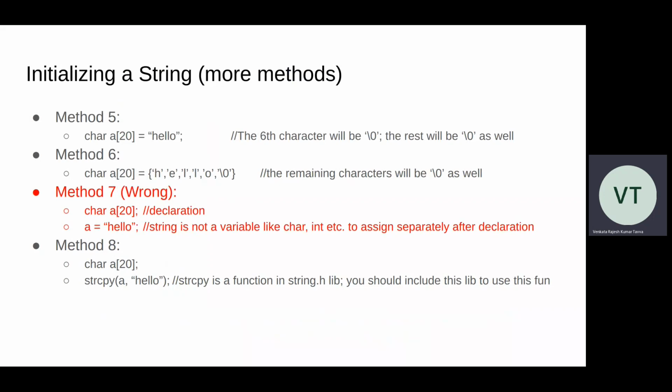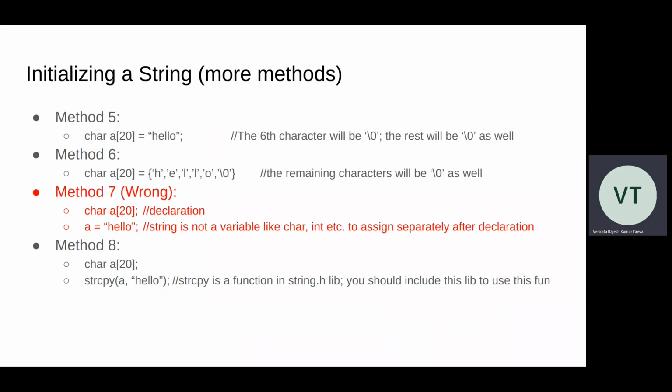When you give it as a string in double quotes, you need not worry about \0. It will automatically insert \0. But if you are giving individual elements, then you need to ensure that you give \0 also as an element. The array size should be minimally n+1, where n is the number of characters in the string, to hold the null character.